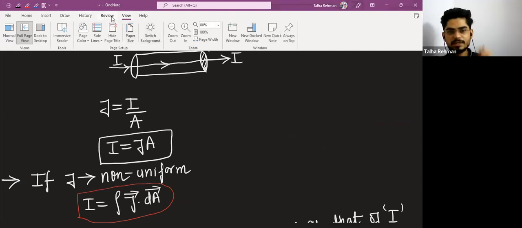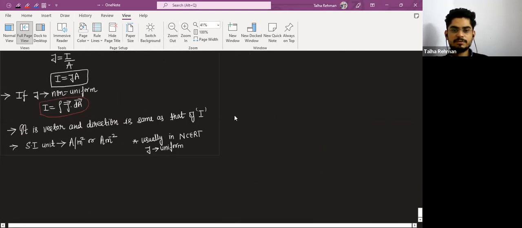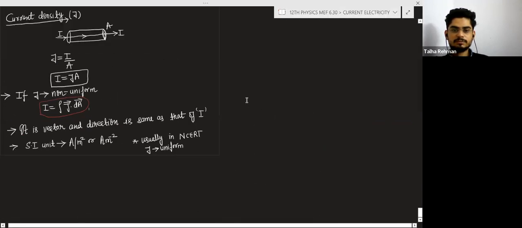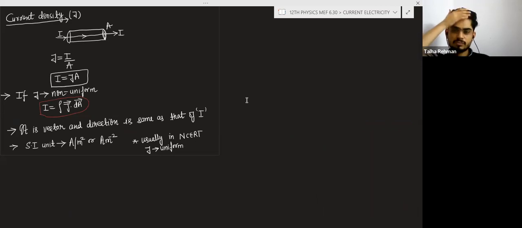I think this is an easy chapter as compared to electrostatics. You have to just relate the things, relating the formulas with each other, nothing else in this chapter.